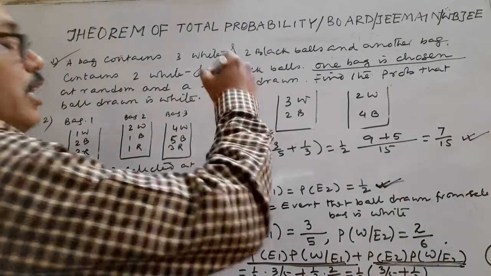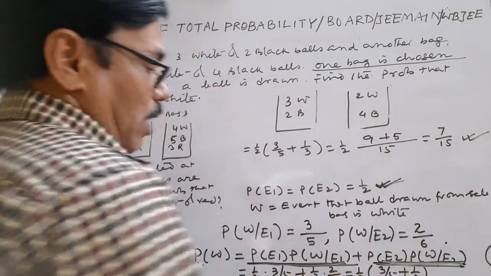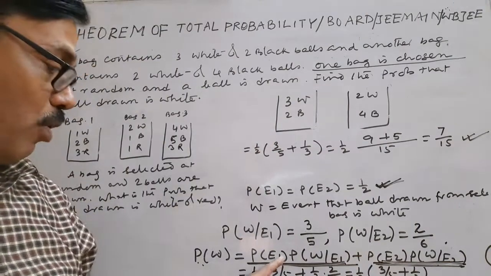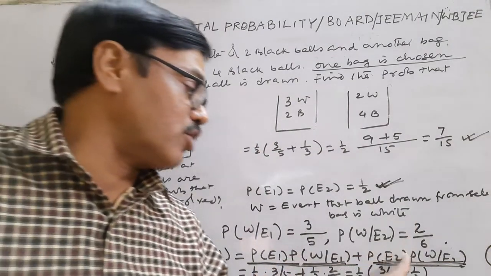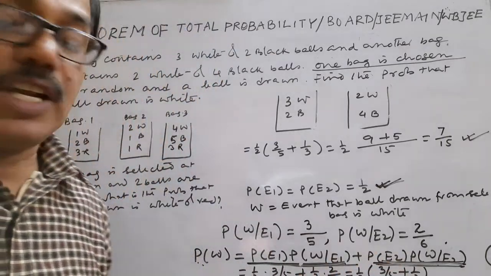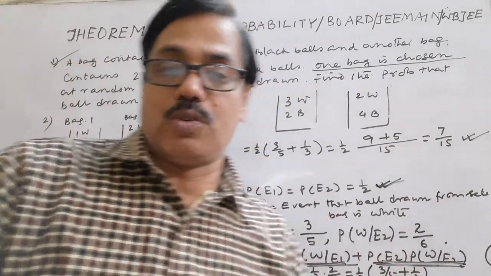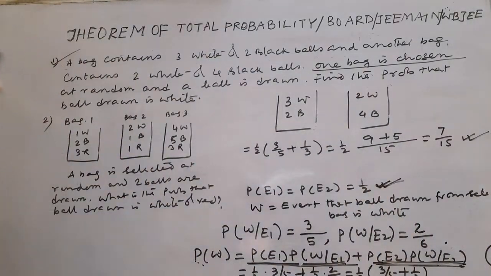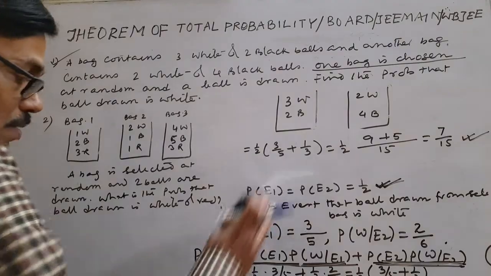That is why it is called total probability. This is chance of white ball from bag 1 and this is chance of white ball from bag 2. So we are adding it. That is why it is called total probability. Now, this is the simplest one.